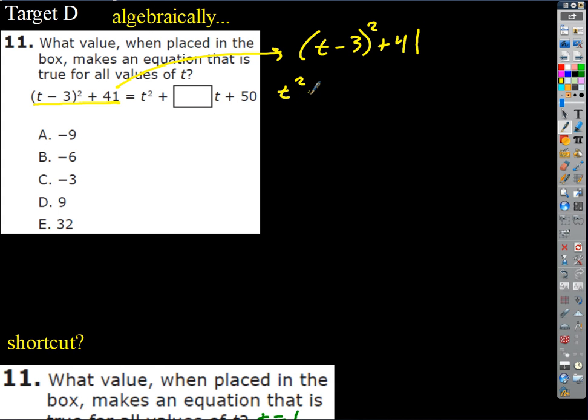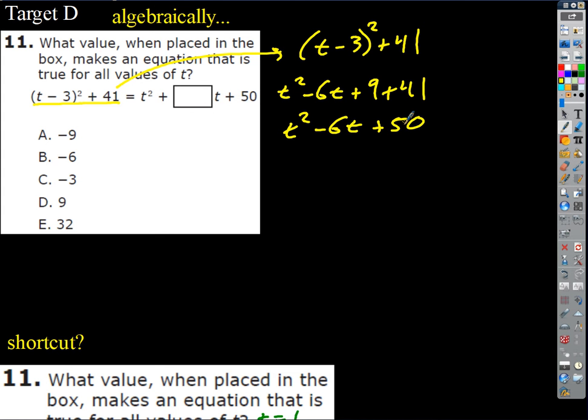So I'm going to get a squared plus 2ab. Well, a is t and b is negative 3, right? So what's 2ab? Negative 6t. And then negative 3 squared? 9. So when we combine like terms, we just get t squared minus 6t plus 50, right?